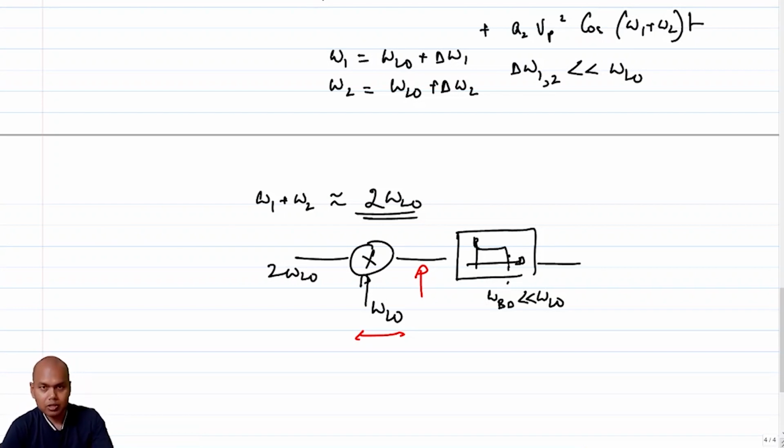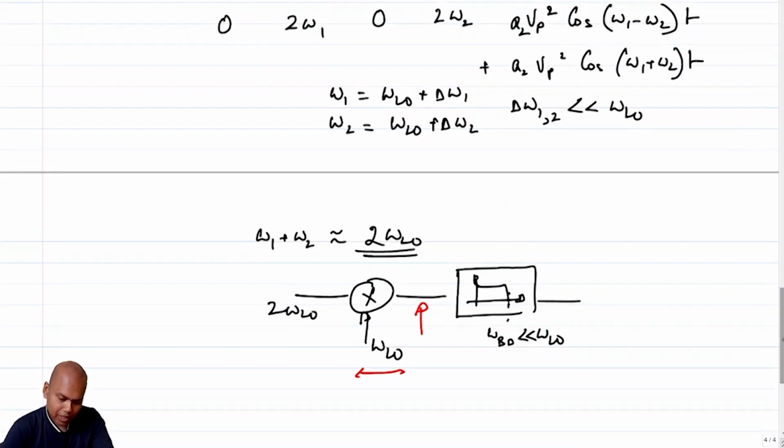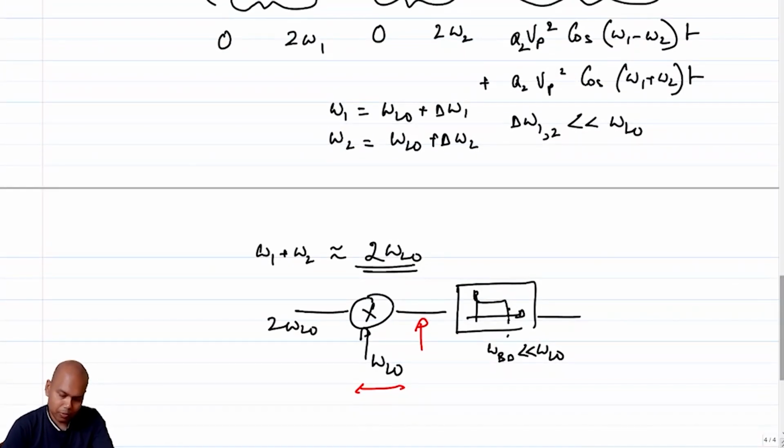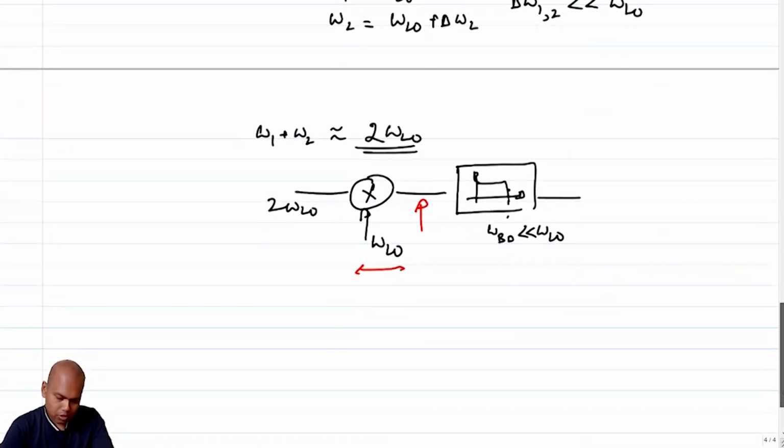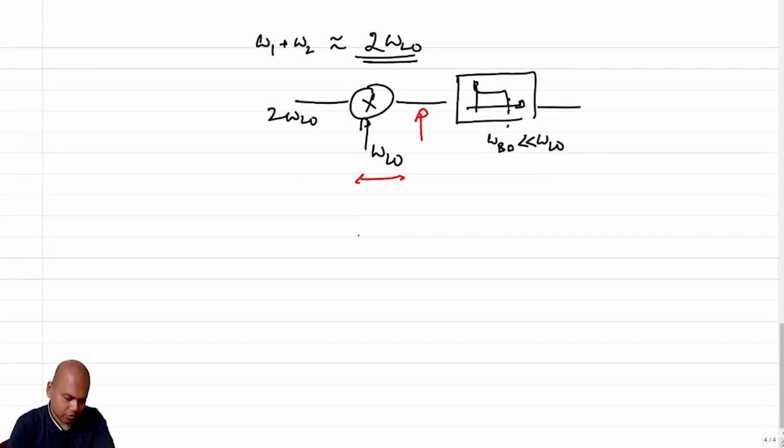We'll come back to this discussion in a couple of minutes, if this is not a sinusoidal clock, which is actually a real thing. But now let's focus our attention on the other term, the omega 1 minus omega 2. So what happens with that term?